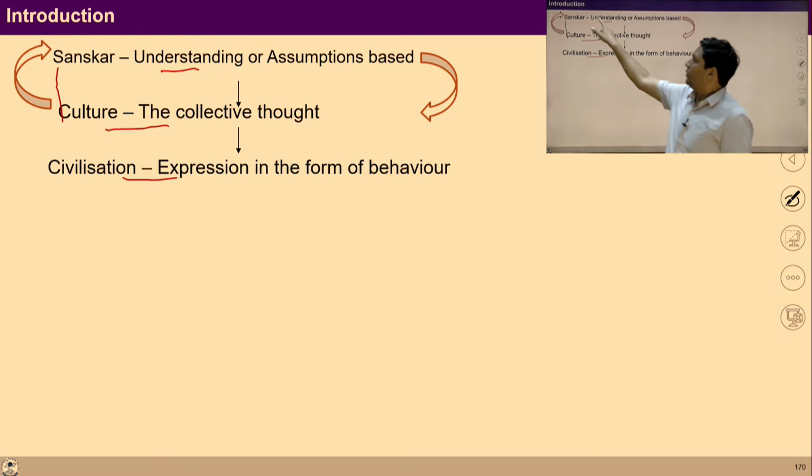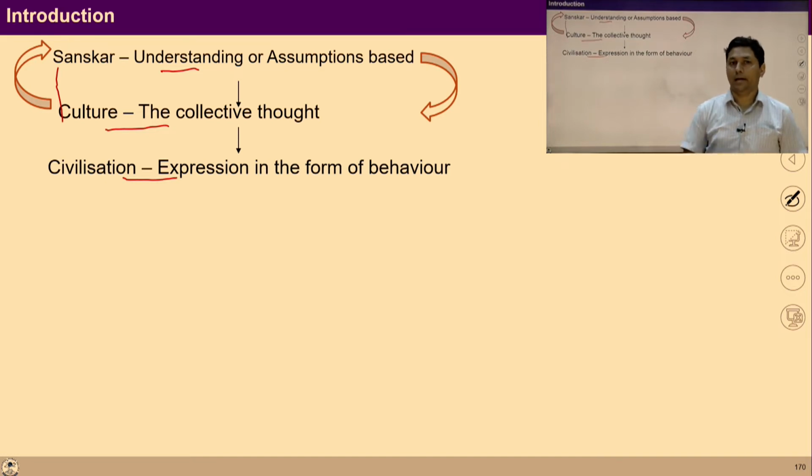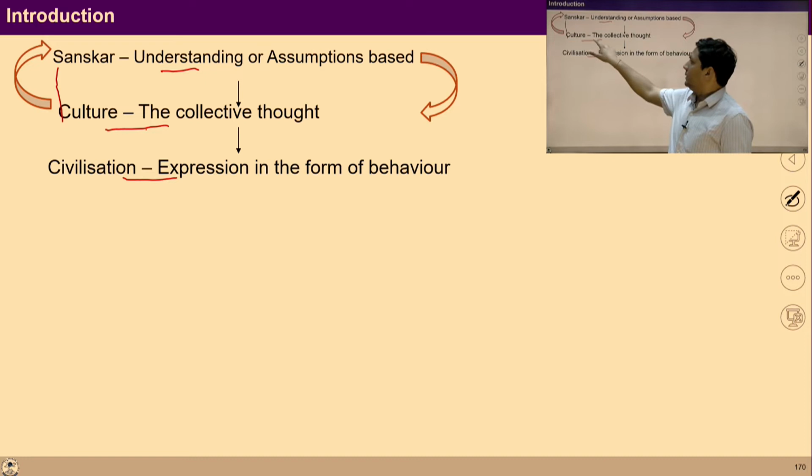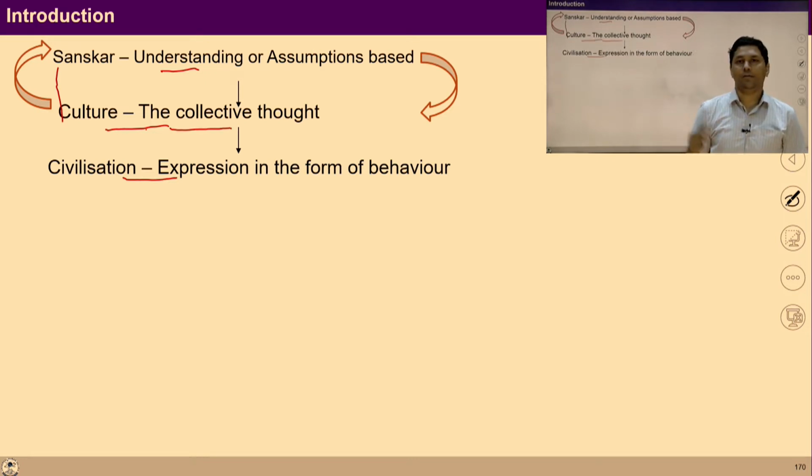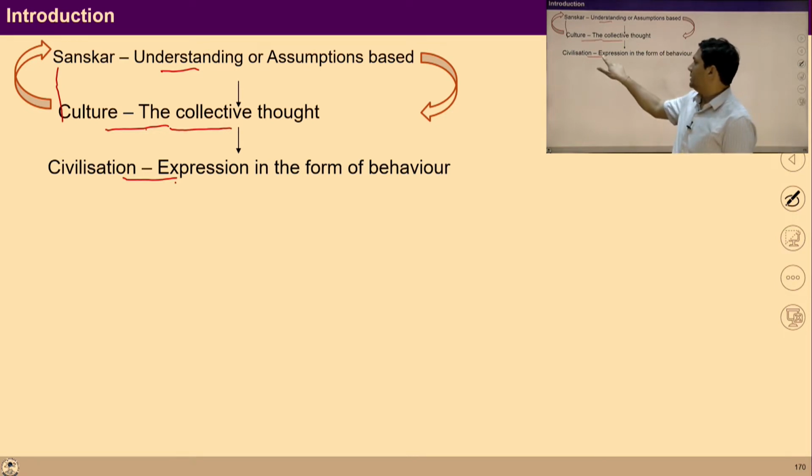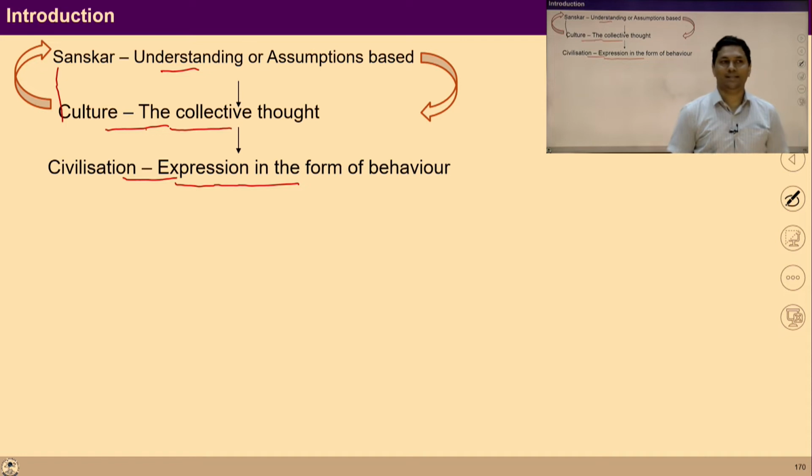If we are talking of an individual human being, then we are talking about Sanskaar. When we are talking about combined living, collective living, collective thoughts are culture, and when these thoughts are expressed in behavior, work, it is basically a civilization. So civilization is the expression of culture in the form of behavior.